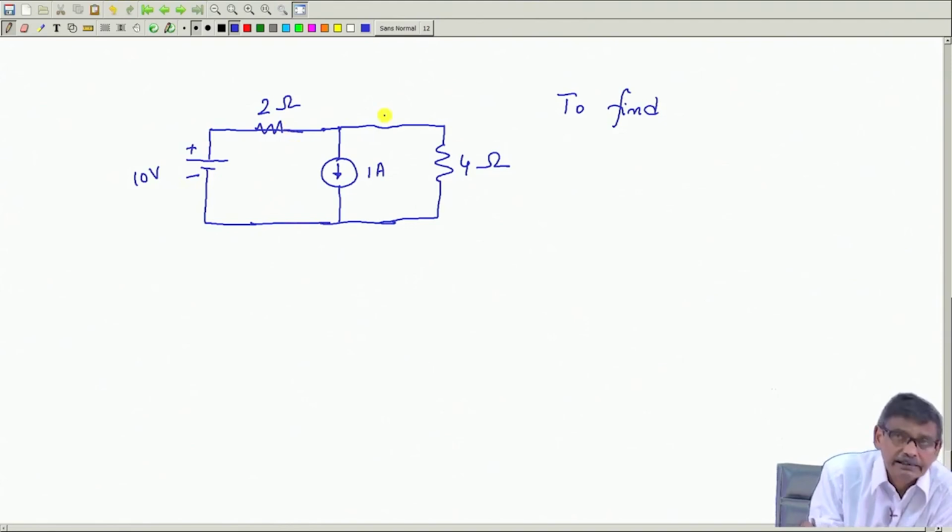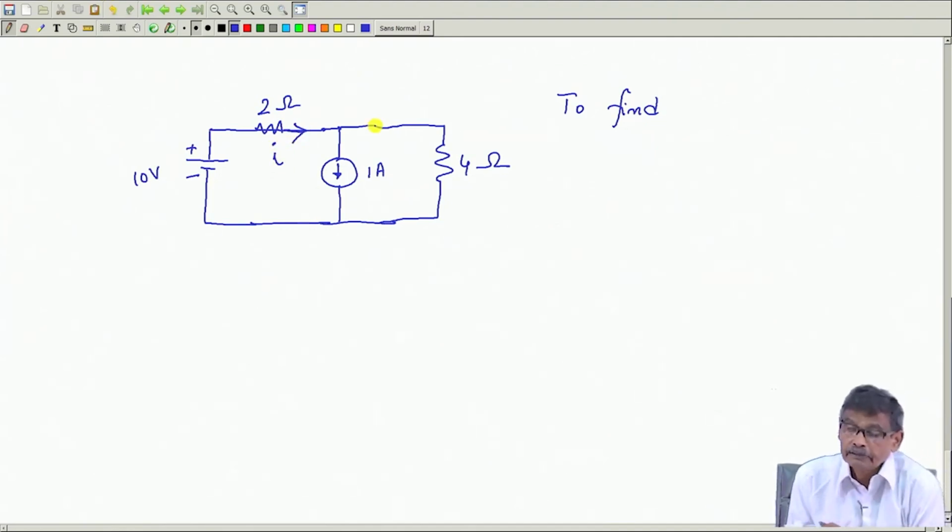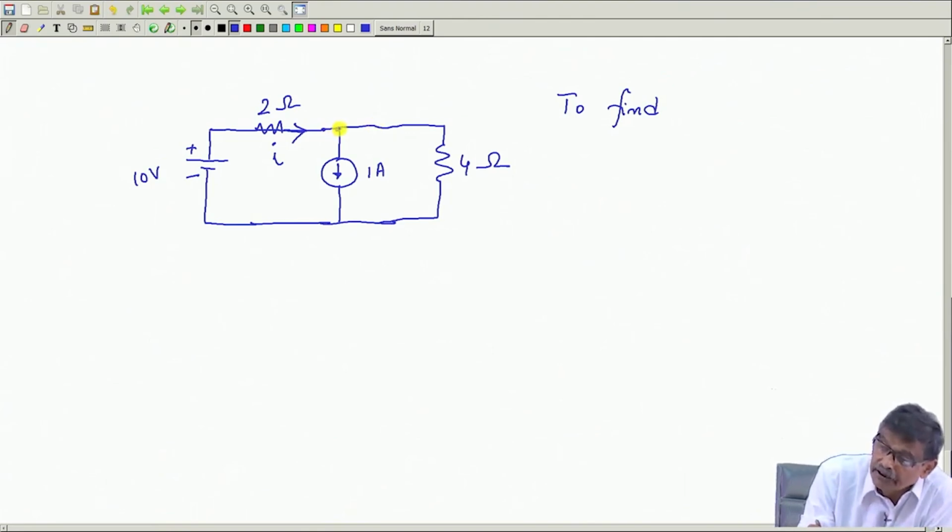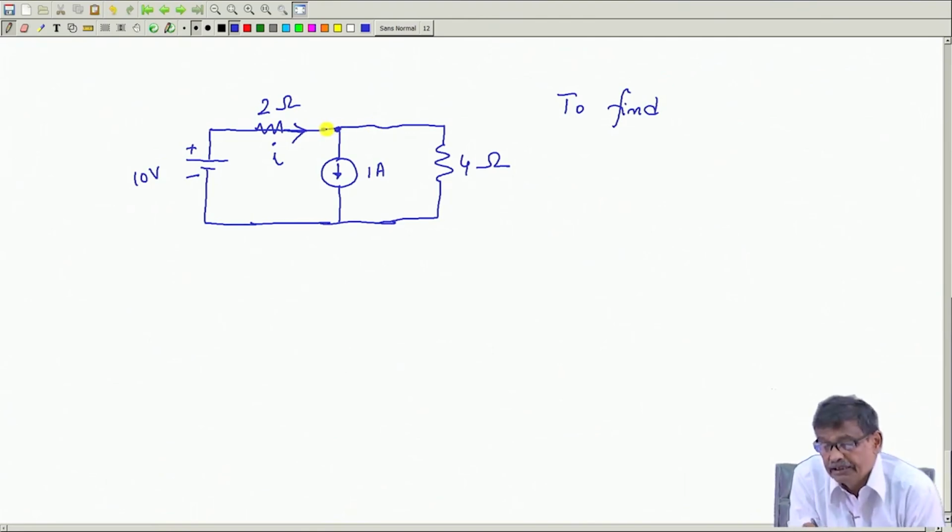While solving for this current by using KVL and KCL, I will assume these currents. For example, this current I say is I ampere. Then I come to this point and find that at this junction KCL has to be satisfied, and this branch current is 1 ampere.